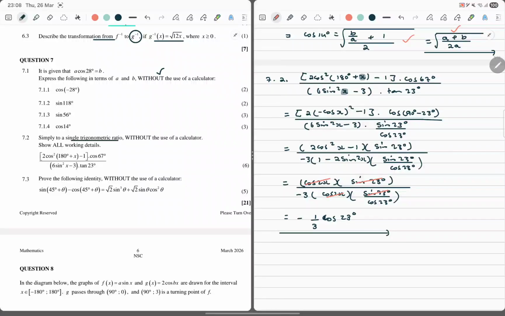So 2 into cos of 180 plus 2, and then we square it, minus 1, and then we close it, we multiply this one by cos 67, all divided by 6 into sine of 2, all squared, minus 3 into the tangent of 23.